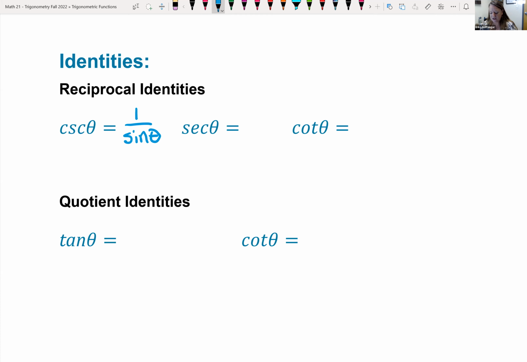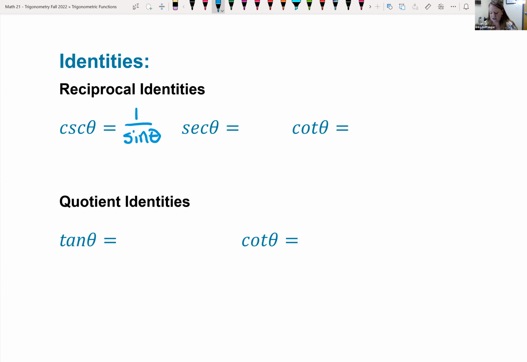Again, if we know what cosine theta and sine theta are, we can always get the other trigonometric functions. We didn't talk about this one yet, and we'll show why this is true, but we have what is called the quotient identity. Tangent theta can be expressed as sine theta all over cosine theta.